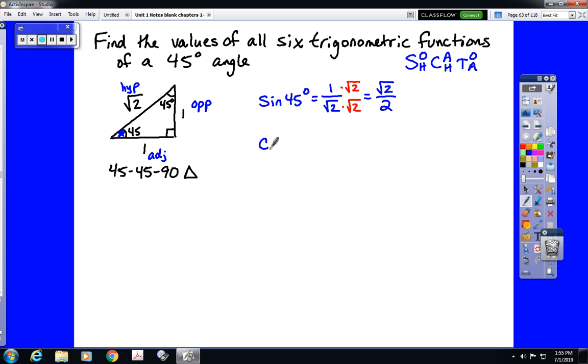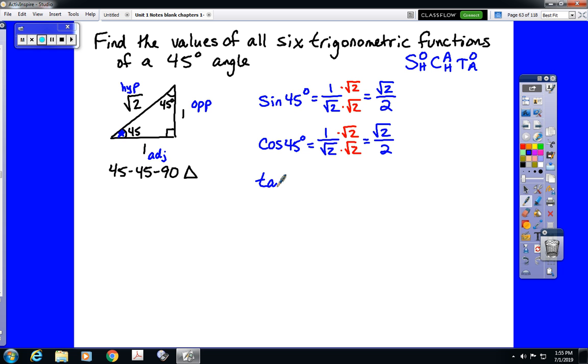We can do the exact same thing for the cosine of 45 degrees, the one major difference being that it is adjacent over hypotenuse, the CAH in SOHCAHTOA. That would also be 1 over the square root of 2. So just like we did for sine, we have to rationalize the denominator, and that would give us that the cosine value is also the square root of 2 over 2.